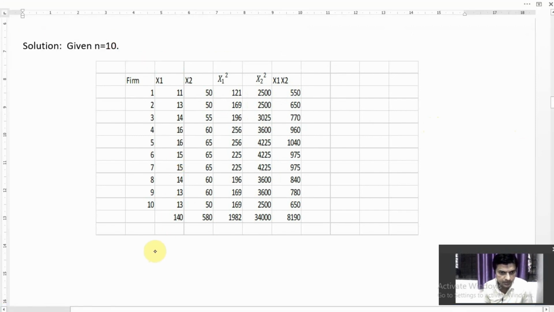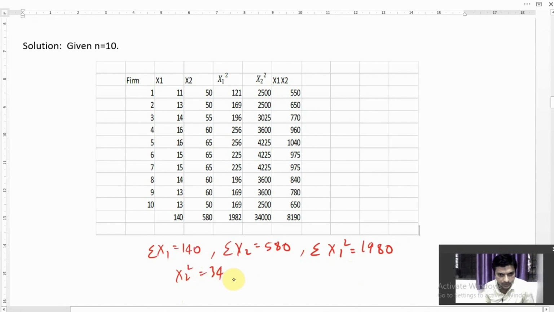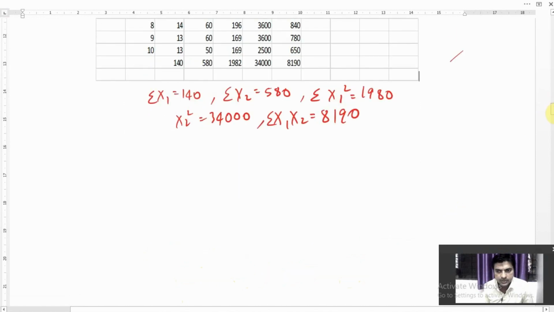Okay, so here I am going to take summation x1 is 140, summation x2 is 580, summation x1 square is 1980 and summation x2 square is 34,000 and summation x1 x2 I am getting 8190. So all these values I am going to fix now using the formula.